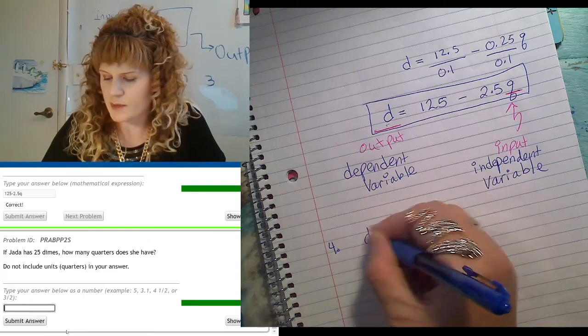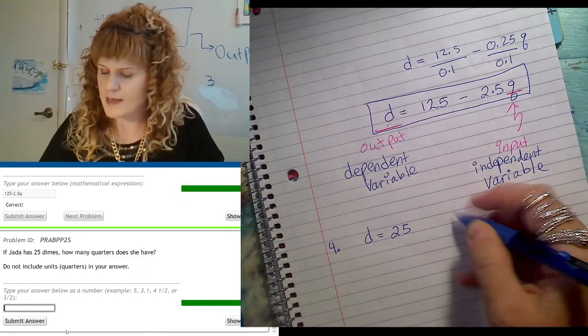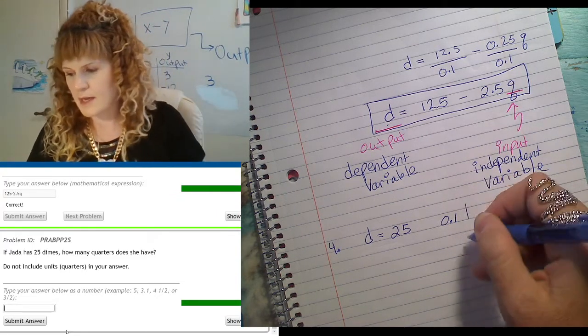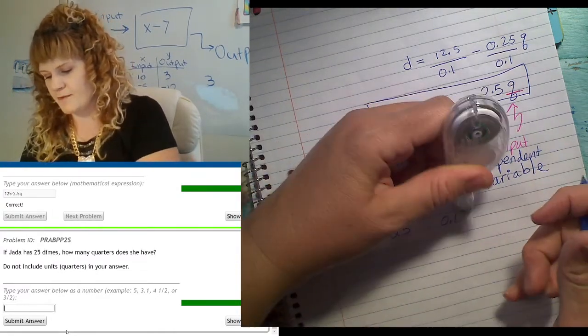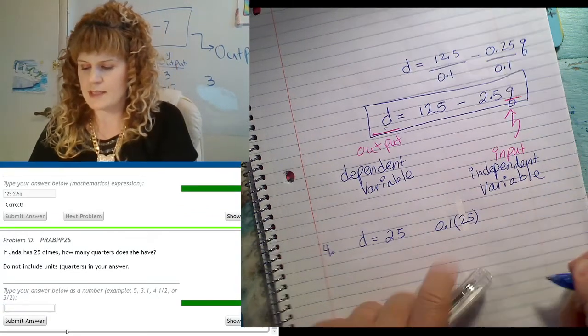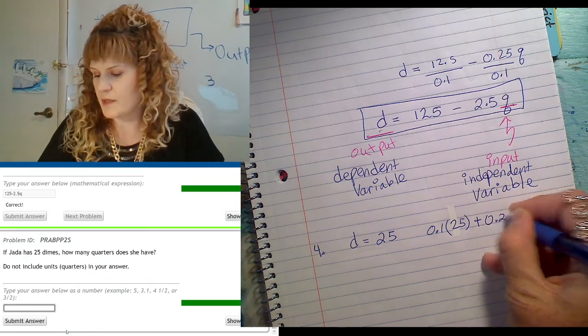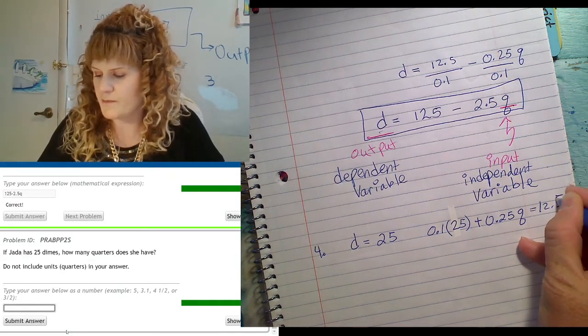Okay, so if she has 25 dimes, then D equals 25. And write down the original equation again, 0.1 times D. Oops, I was about to write D, but that's 25. So 0.1 times 25 plus 0.25Q equals 12.5.